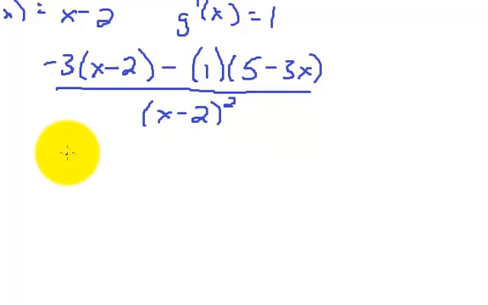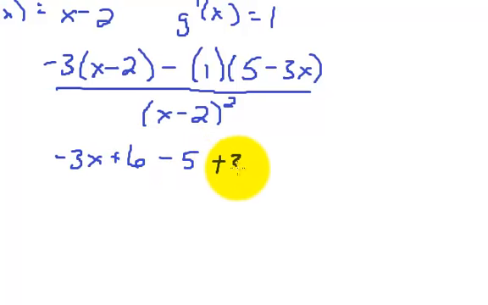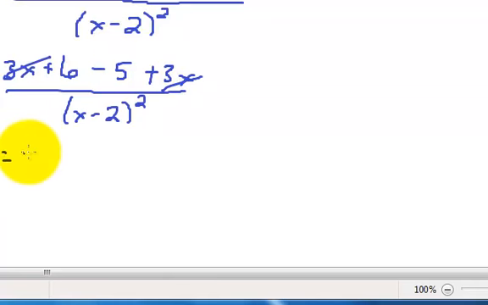Okay, so I distribute: negative 3x plus 6 minus 5 plus 3x, all divided by (x minus 2) squared. The 3x's cancel. I'm left with a nice 1 over (x minus 2) squared.